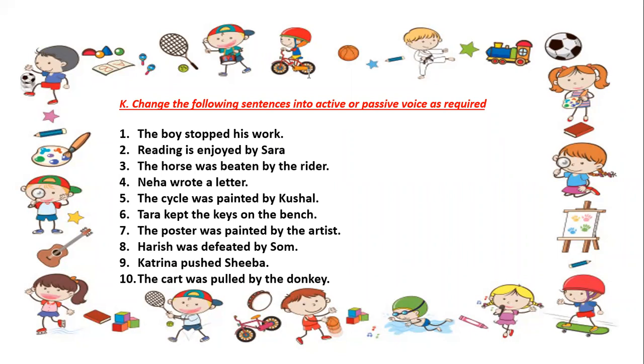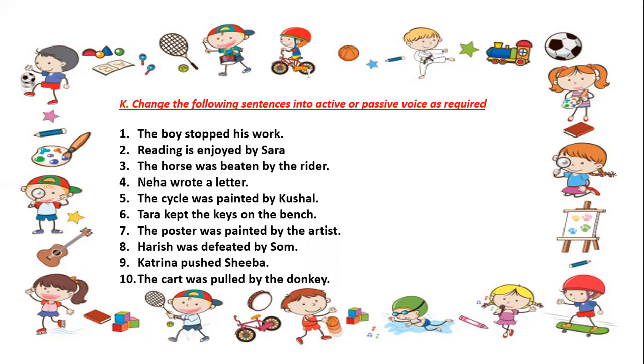Next one, reading is enjoyed by Sarah. This is passive voice. You will change it to active voice. So you will write, Sarah enjoys reading. Third, the horse was beaten by the rider. The rider beat the horse.